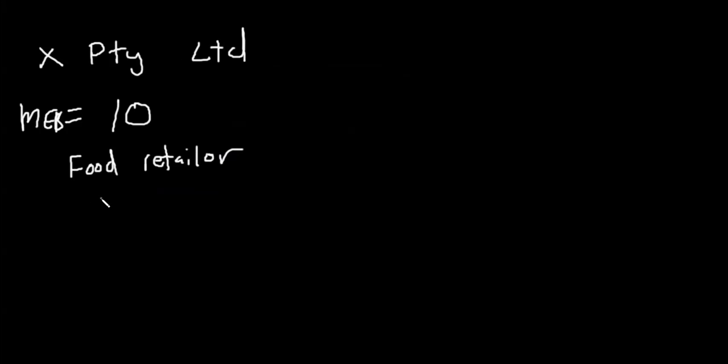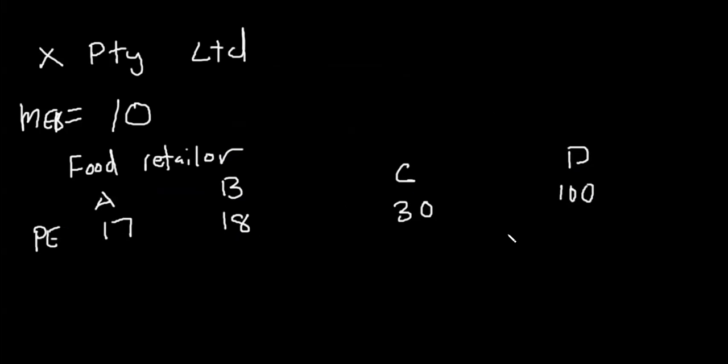You've got company A, and company A has a PE ratio of 17. Company B has a PE ratio of 18. And company C has a PE ratio of 30. Then company D has a PE ratio of 100.